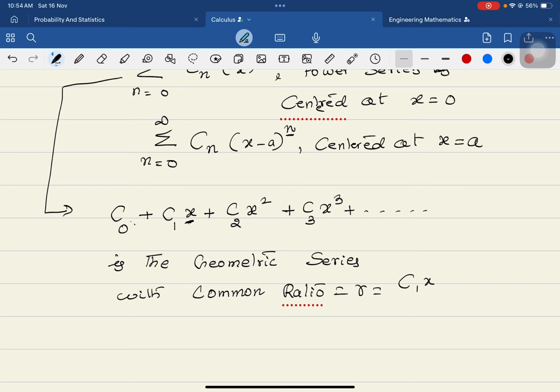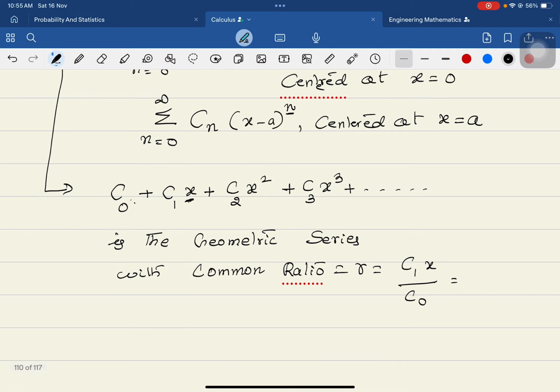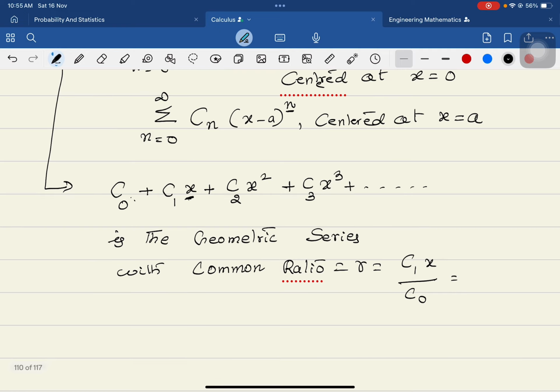When you multiply with x again, you get the third term. So we say the common ratio is given by x. Writing it, r is equal to c1x by c0, which is c1 by c0 times x. This number is multiplied by the next number, and you get the second term, like that.